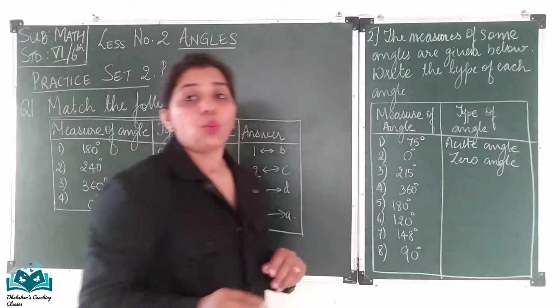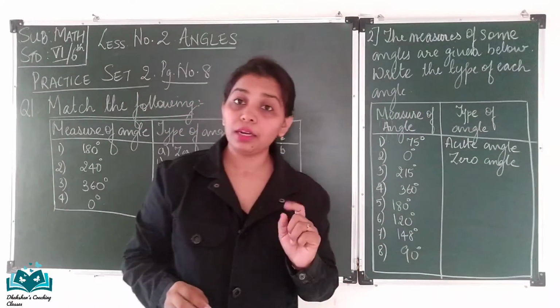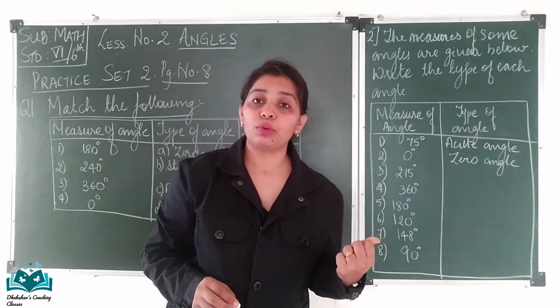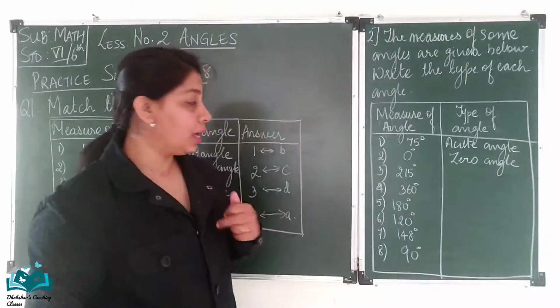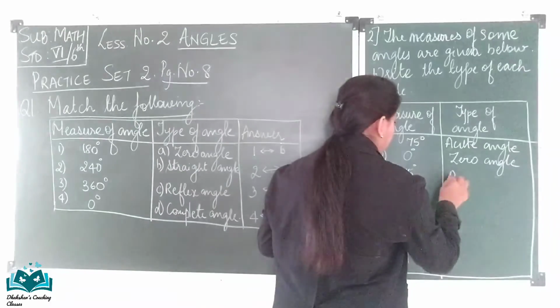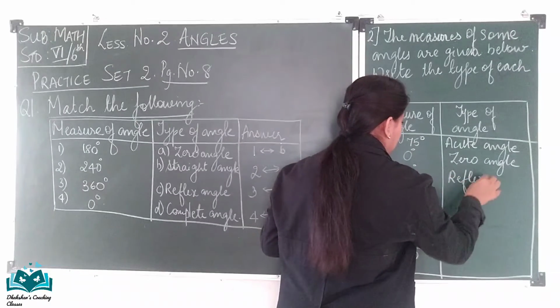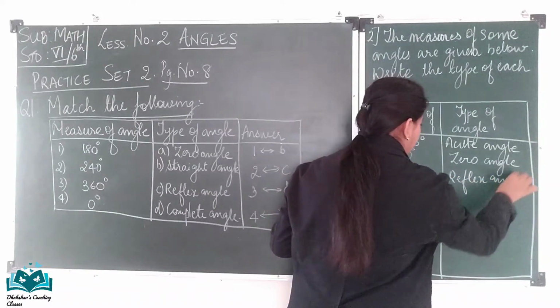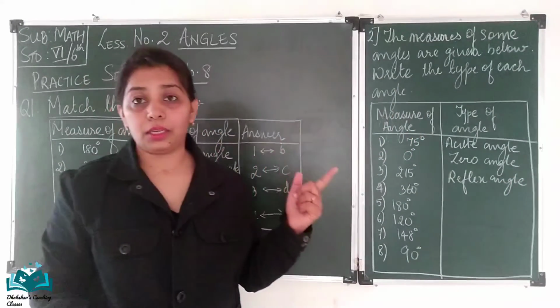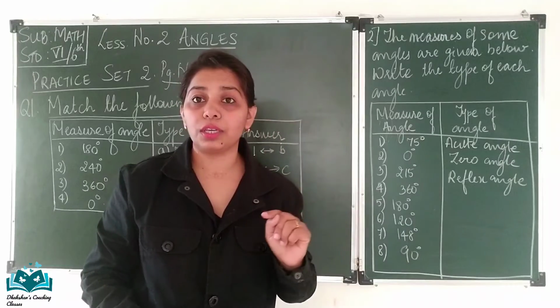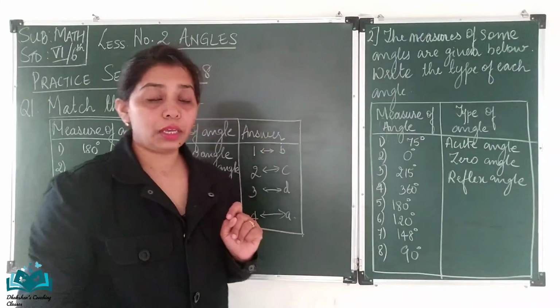125, it is greater than 180 degree. So it will be what angle? It will be your reflex angle. Reflex angle. 360 degree. One complete rotation is equal to 360 degree.